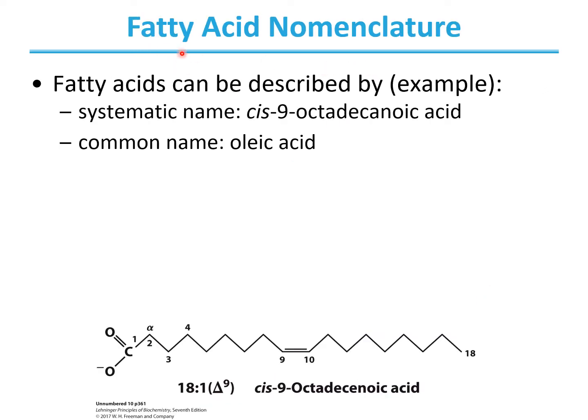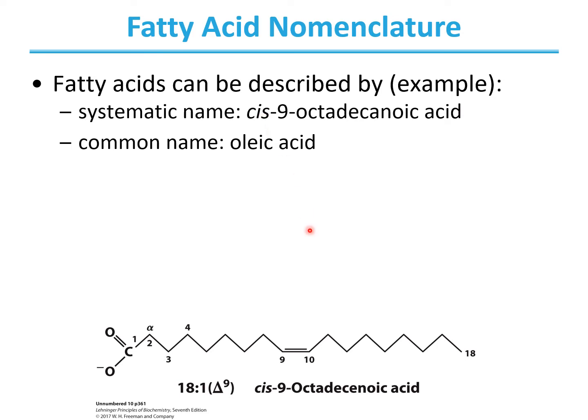So there is some clear nomenclature for how to describe these fatty acids, and they can have a systematic name. For example, this particular fatty acid is cis-9 octadecanoic acid.